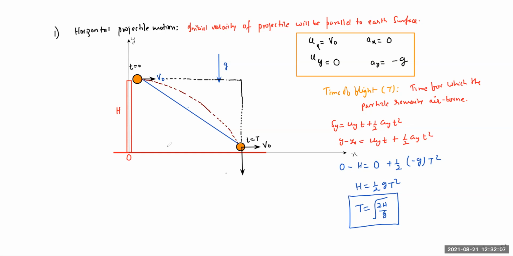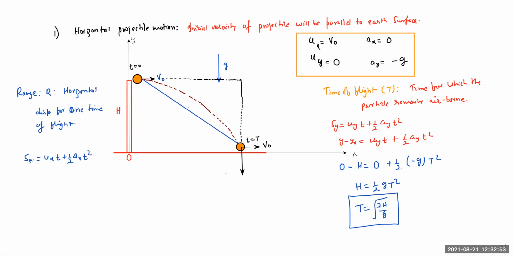So now you know the time. Once you know the time, you can find something called range. So what is range? Horizontal displacement. Correct. Range is defined as the horizontal displacement for one time of flight. So which formula do we have to use? The displacement formula. But in which direction? In x.